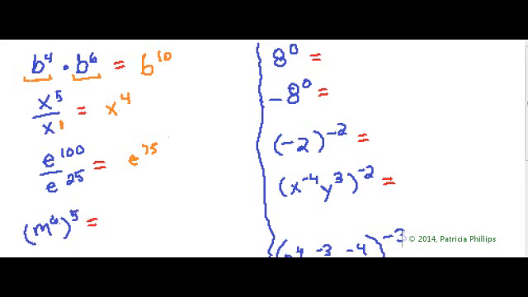Okay, and as we discussed already, when you're raising a power to another power, you are going to multiply those two powers, and so our answer here is m to the power of 30.